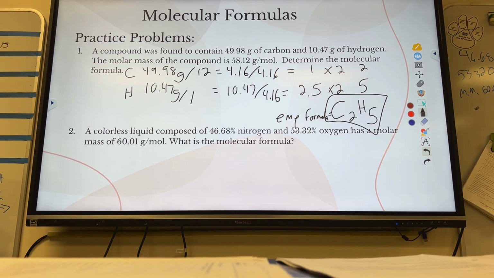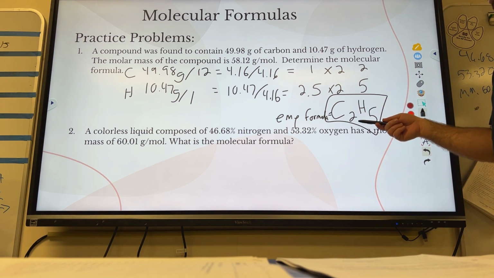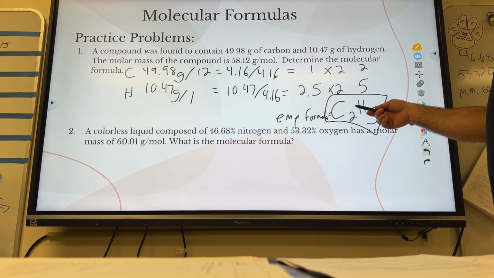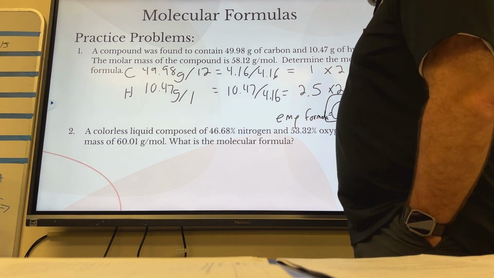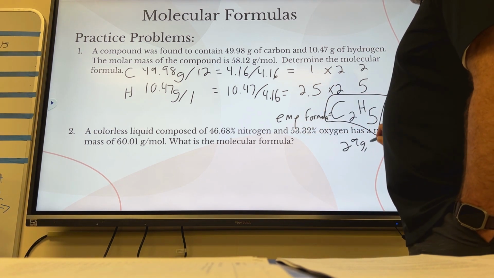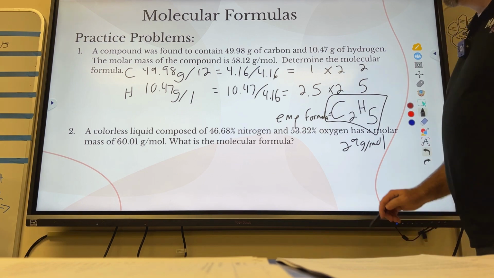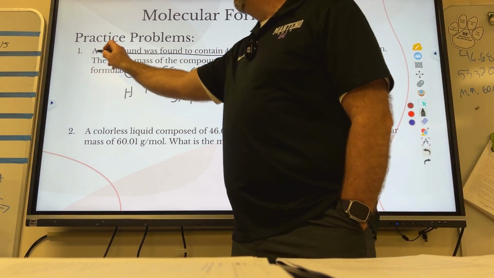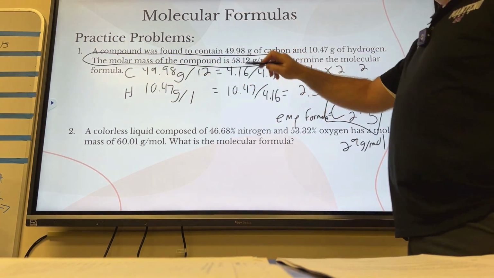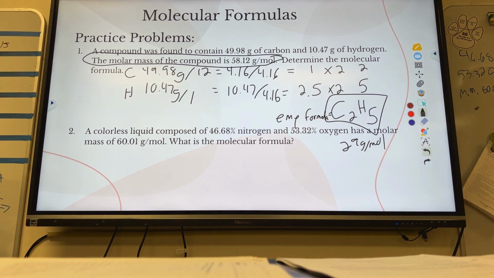So what's our next step here? Well, true, but we have to figure out molar mass to figure that out. So this is 12 times 2, 24 plus 5, 29. And then our target compound is up here, right? The molar mass of our target compound is 58 point something.